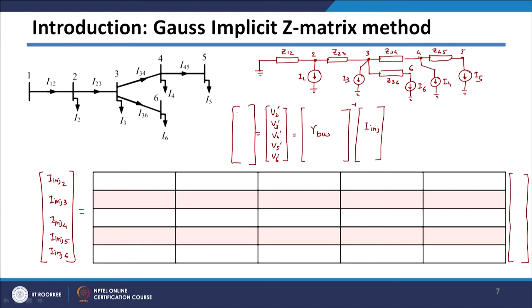So here I am calling it as delta V2, delta V3, delta V4, delta V5 and delta V6.